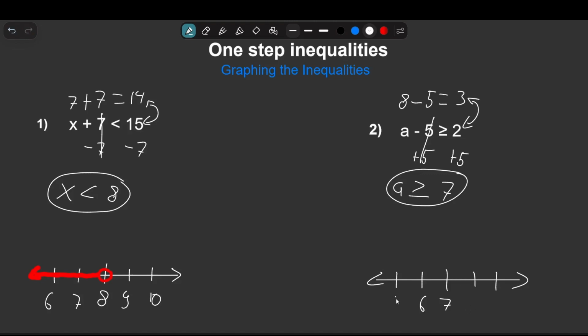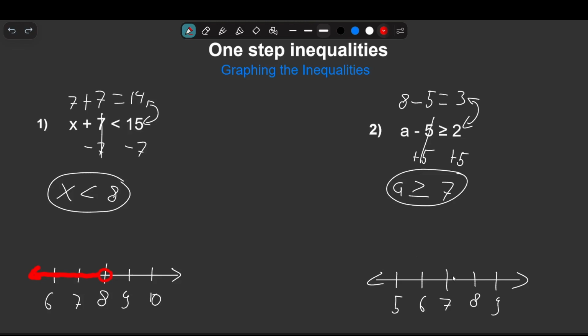So we have 5, 6, 7, 8, and 9. So at this one, we are going to draw a closed circle instead of an open circle. This is because our 7 is included in our inequality.